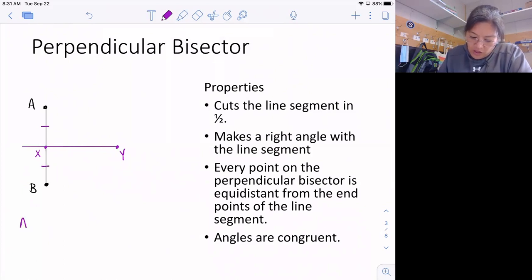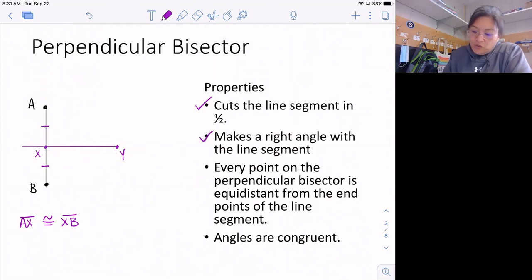Therefore, what do we know? We know AX is congruent to XB. They're congruent because they got cut. XY cuts AB in half. So property number one: it cuts the line segment in half.